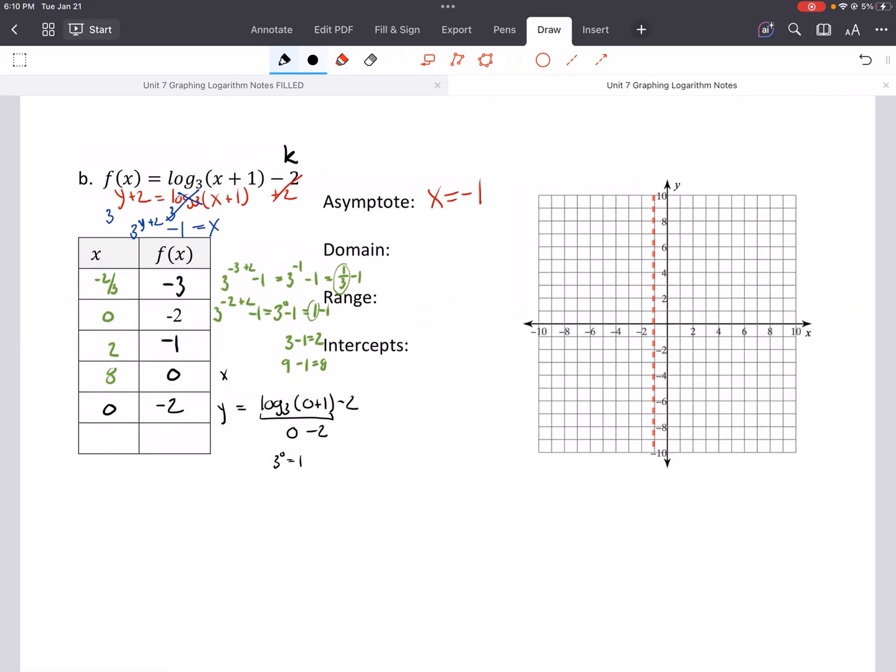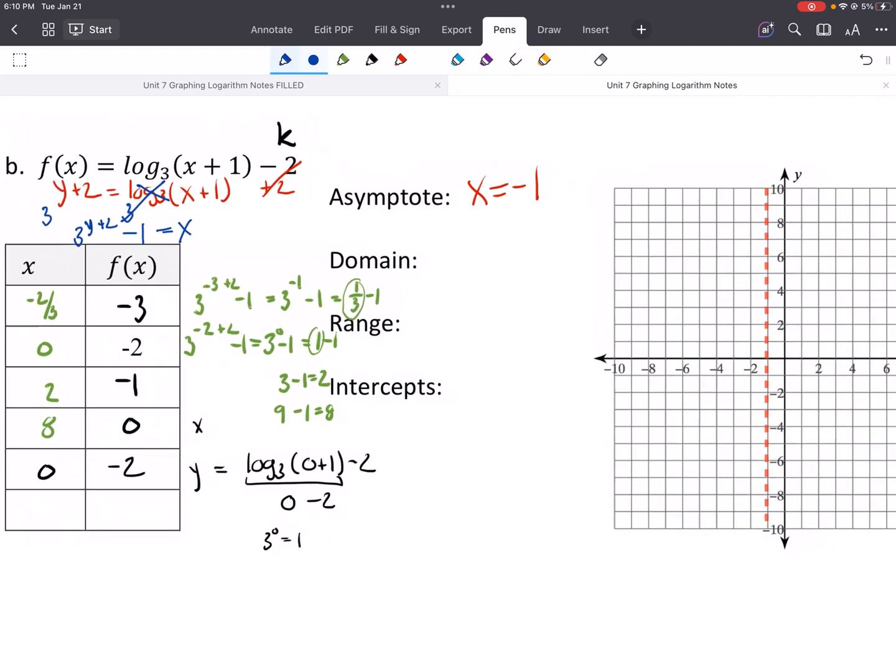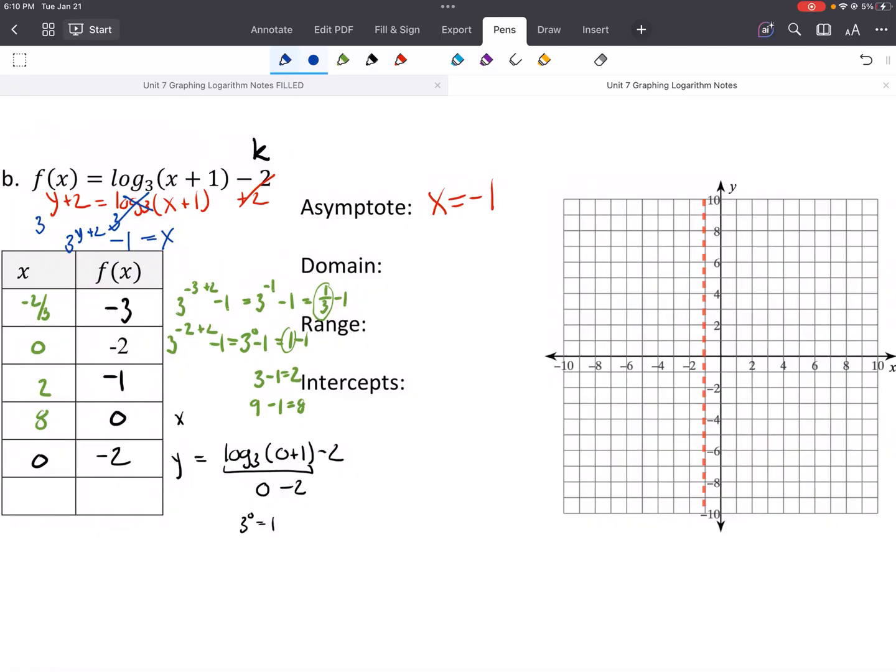So let's plot all these points. So we've got negative 2/3, comma, negative 3. So that's down here. And then at 0, it's negative 2.